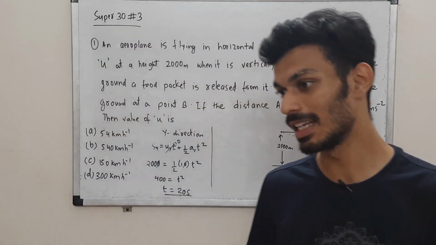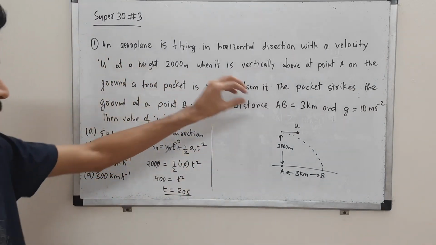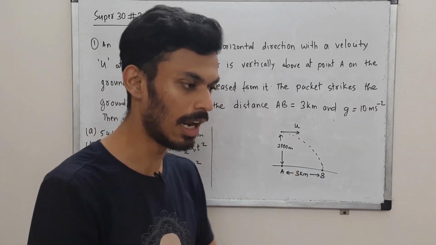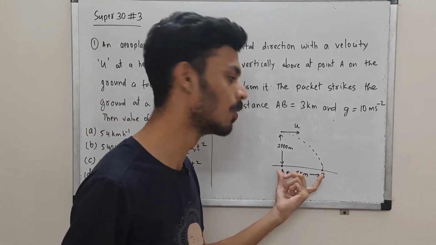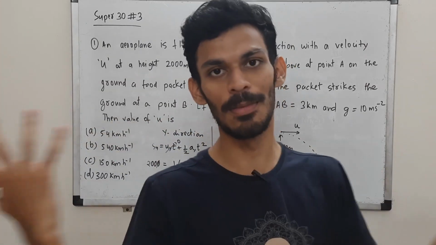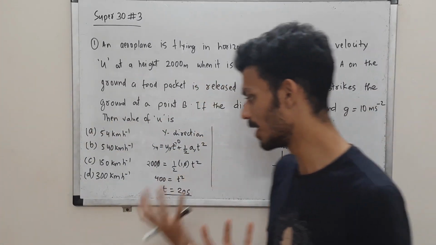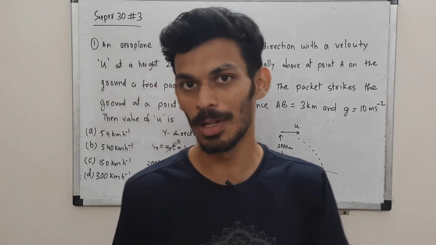Which means it takes 20 seconds for your packet to reach the ground, to cover this height. Effectively, it's also the time the packet takes to move this distance in the x direction. You can think that time is independent of frame of reference. Whether you see the motion in the x direction or in the y direction, the time is going to remain the same.